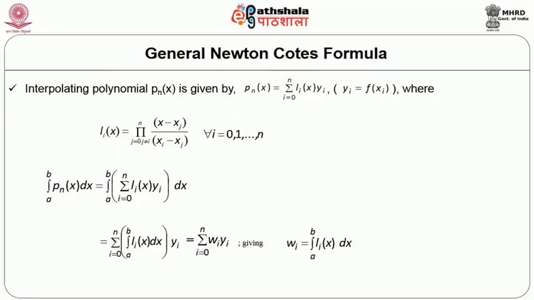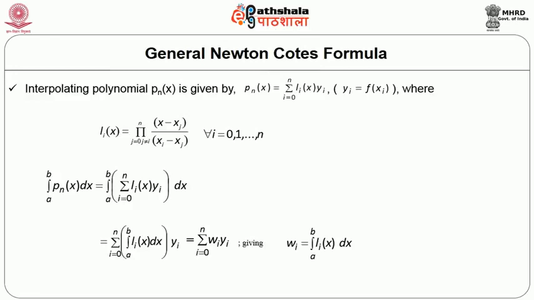So for example, L0(x) will be x minus x1, x minus x2, x minus xn, and denominator will be, you substitute x equal to x0, so we get x0 minus x1, x0 minus x2, x0 minus x3 and x0 minus xn. So in compact notation, Li(x) can be simply written as product of x minus xj, j runs from 0 to n, divided by product of xi minus xj, again j runs from 0 to n, and where j is different from i. And we need to integrate this polynomial.